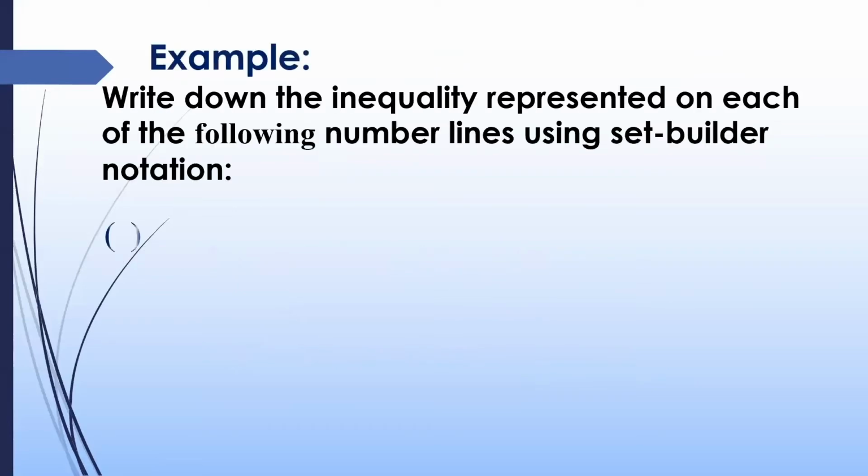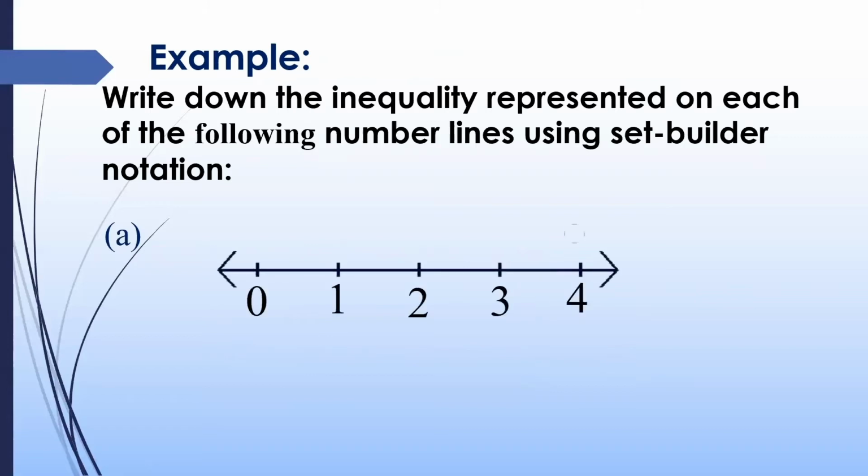We now move on to one example. Write down the inequality represented on each of the following number lines using set builder notation. So the first part, how are you going to represent this in set builder notation?